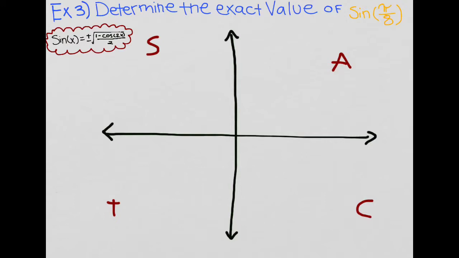Now, a lot of my students ask me, how do you know if it's positive or negative? And I'm going to show you right now. To determine if it's positive or negative, you look at the angle x, and in this case, x is pi over 8, so that is in radians. If we graph that, it would be in the first quadrant.